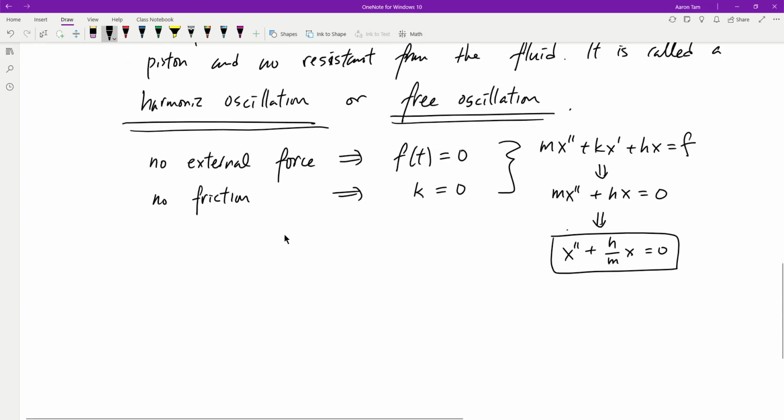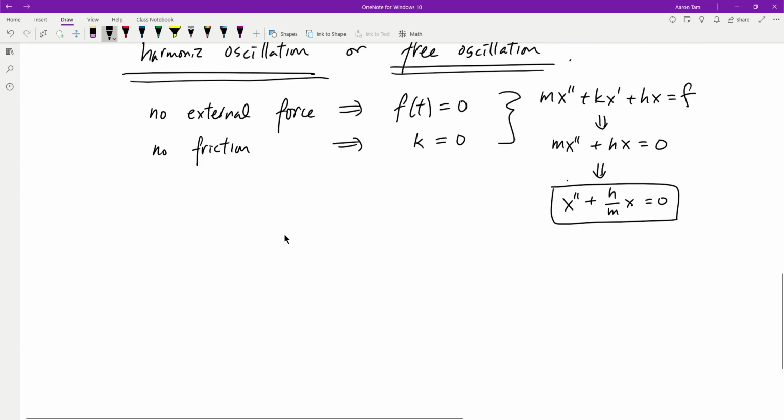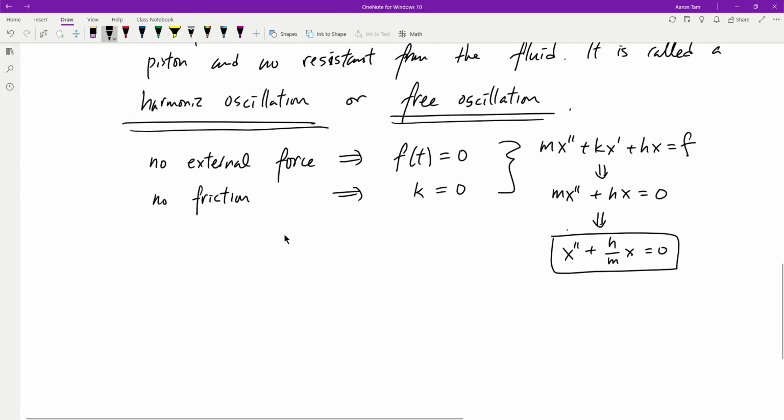That is our homogeneous second order differential equation. So now comes the big question: what is the solution to this differential equation? Well, since it's homogeneous, we use our characteristic root to solve for it. So this equation, x double prime plus h over m x equals 0, basically turns into r squared plus h over m equals 0.